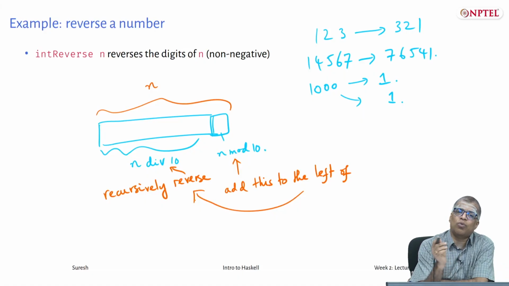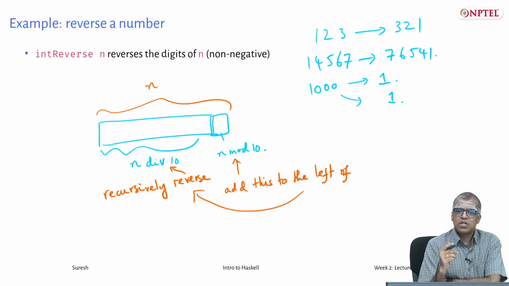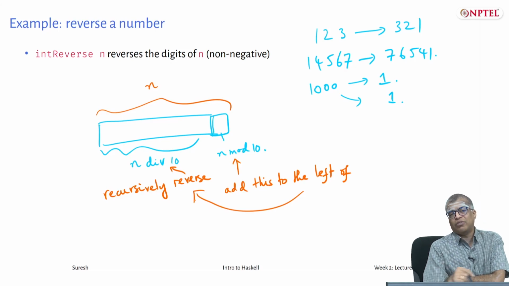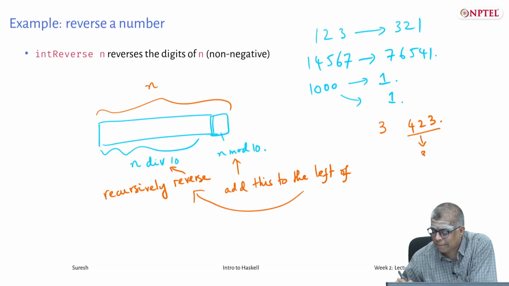How do you add a digit to the left of a number? This requires a little thought. But remember that we have already defined an int length. So if I have 3, for instance, and if I have 423, then the length of this is 3.